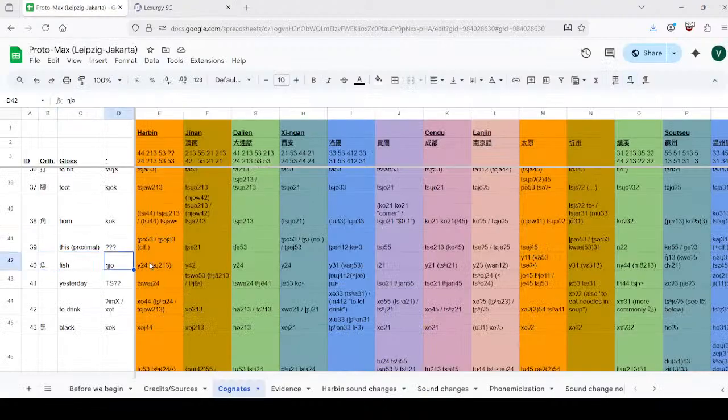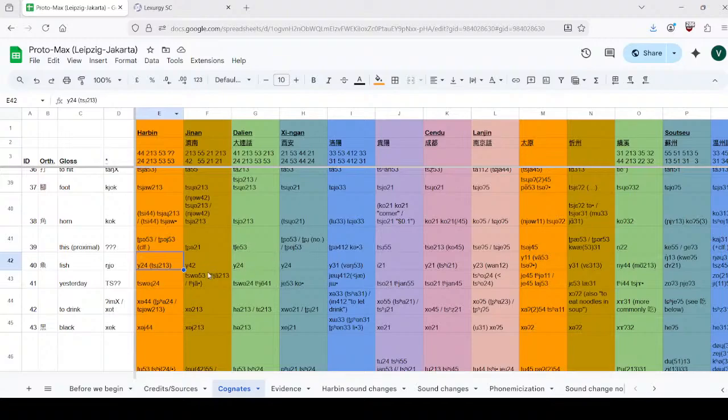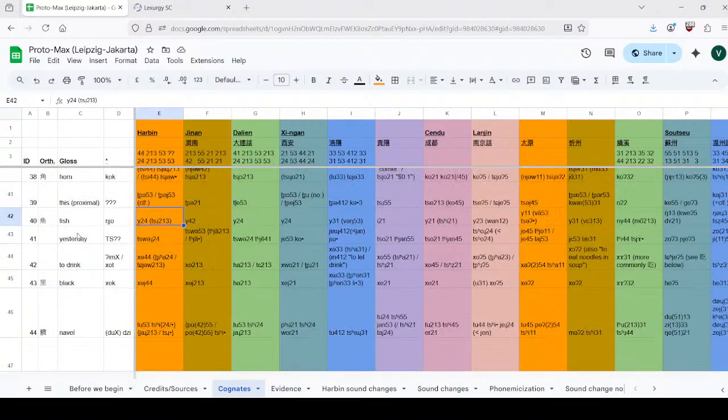Fish becoming yu works. This one I've given up on. Oh wait, this was not the one I thought I gave up on, but I have given up on it nonetheless. Because this is like 左, this would be like 左, 这, these all seem to be cognate, but then a bunch of the others don't have this word.